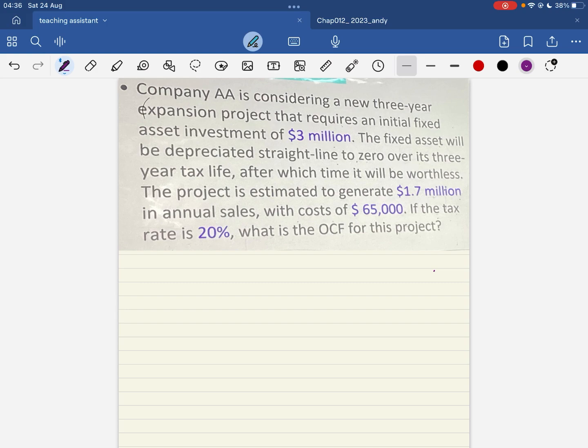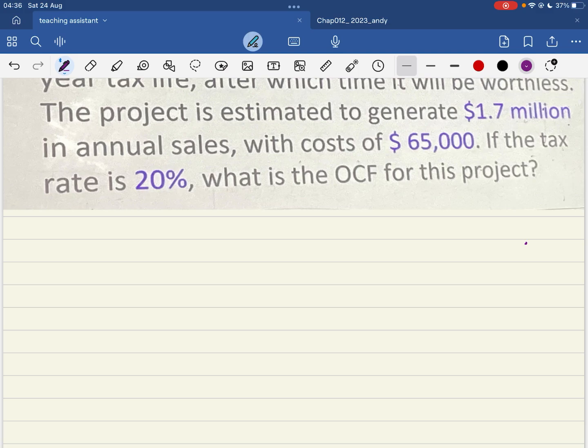We can clearly see that every number in this exercise is stated annually, which means that we are actually trying to find the operating cash flow per year, annually. Just for reference, you can always go back to the first slide to see the formula for the operating cash flow. So to compute it, first we need to find the EBIT, the earning before income tax.